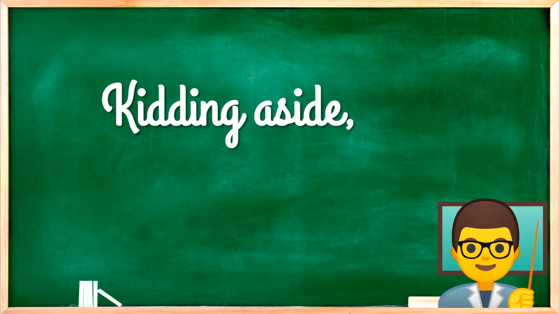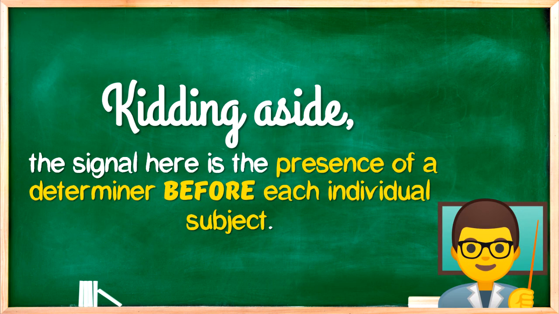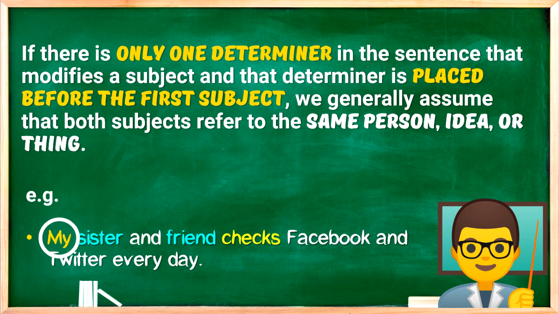Kidding aside, the signal here is the presence of a determiner before each individual subject. If there is only one determiner in the sentence that modifies a subject, and that determiner is placed before the first subject, we generally assume that both subjects refer to the same person, idea, or thing.